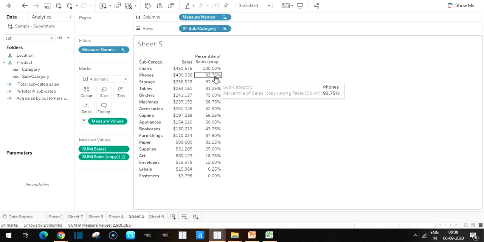Now phone got 93 percentile, and the reason is that phone has superseded 93% of the candidates. His marks are better than 93% of the candidates. Similarly, storage marks are better than 87% of the candidates. Likewise, table has marks better than 81% of the candidates, and so on. So it gives how many people are lagging behind you, or how many candidates are lagging behind the candidate we are looking at in the data.